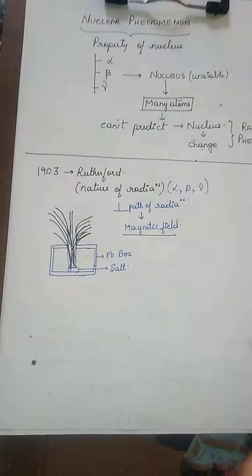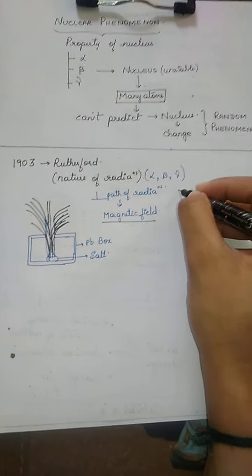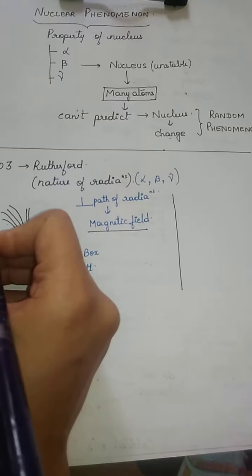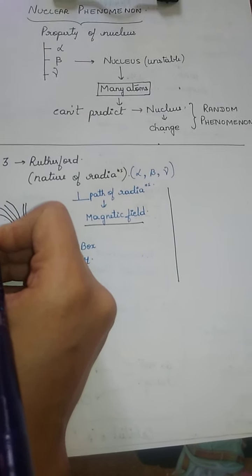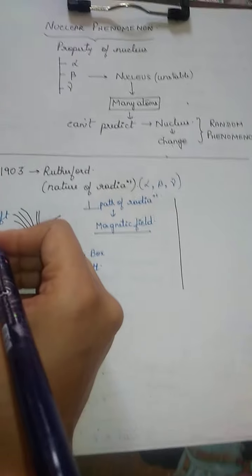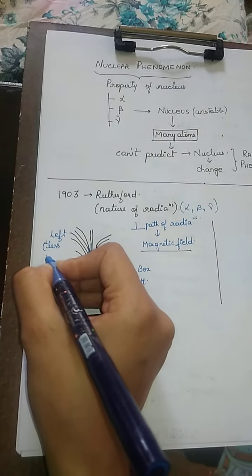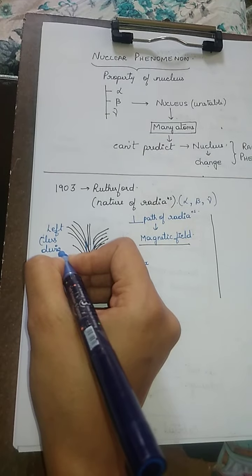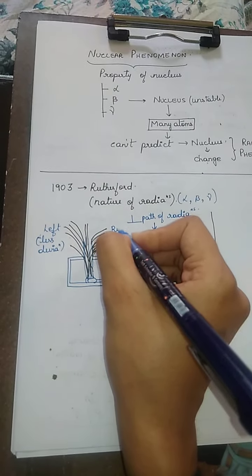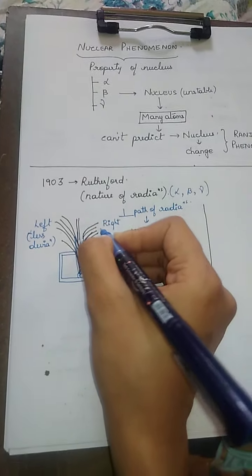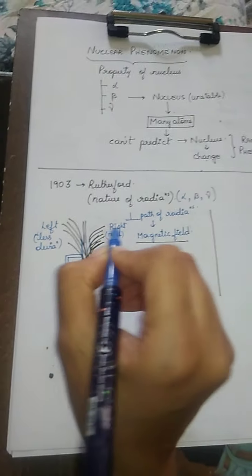So these are again three different types of radiations. As you can see here, one has turned to the left, and it has less deviation, and one has turned to the right, that has more deviation.